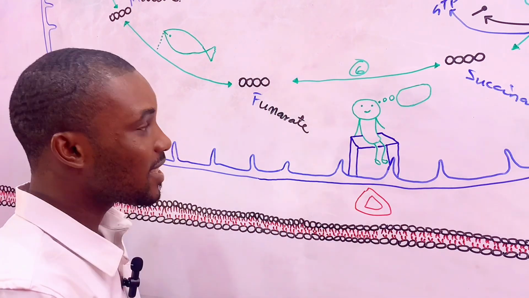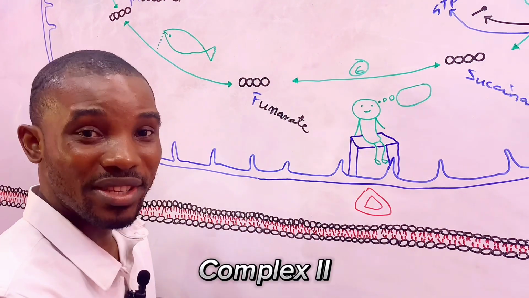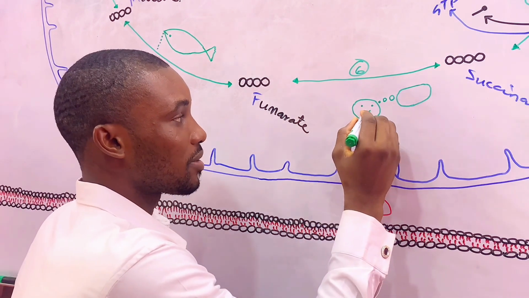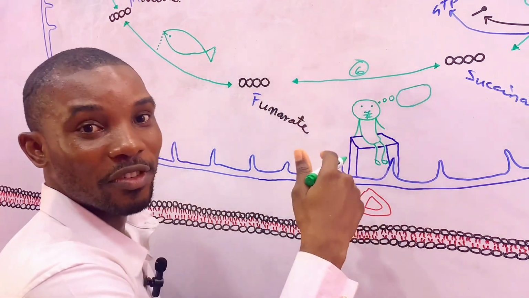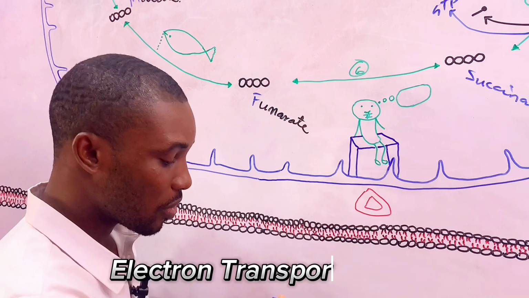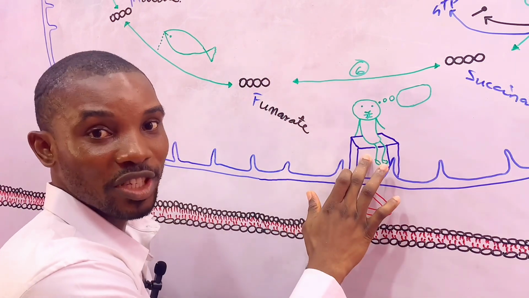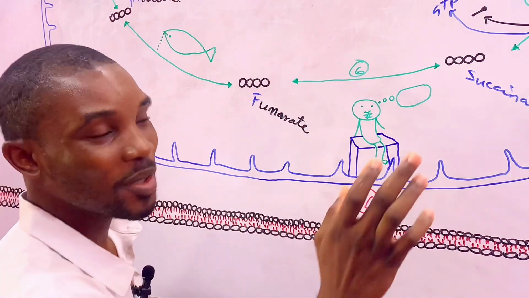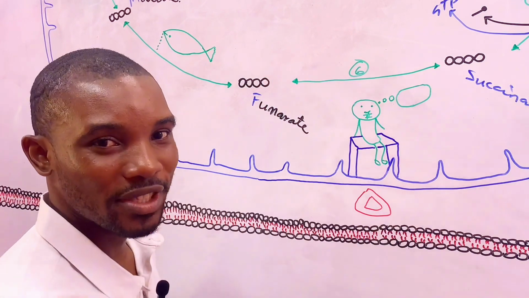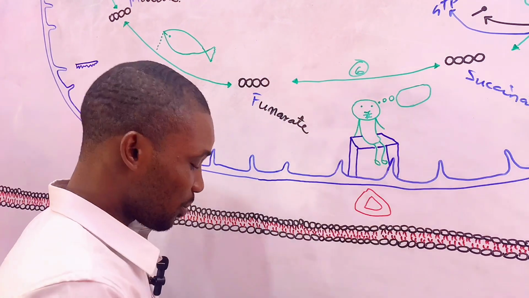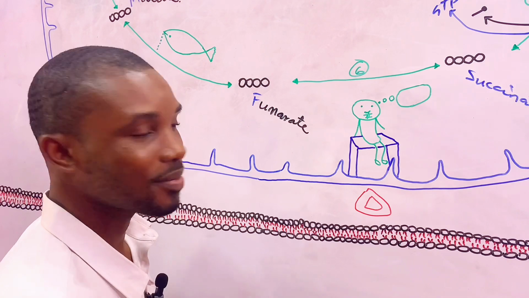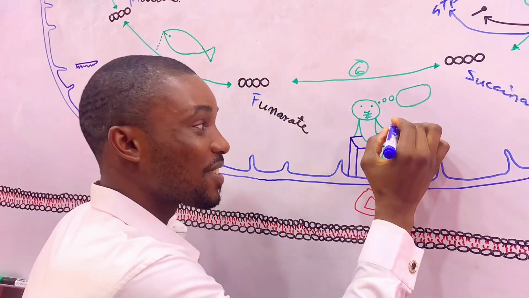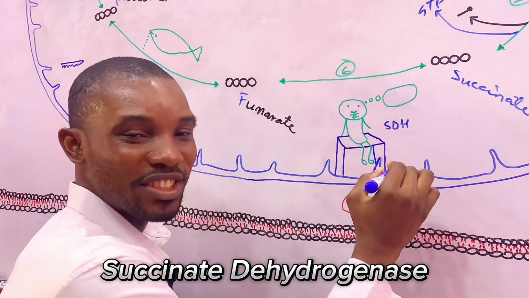You can call it complex 2 when it's involved in the electron transport chain, because this enzyme is a part of the electron transport chain, but it's also a part of the Krebs cycle. It's multidimensional. Can you guess the name? Succinate dehydrogenase.